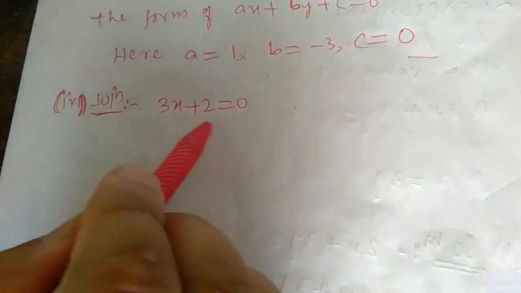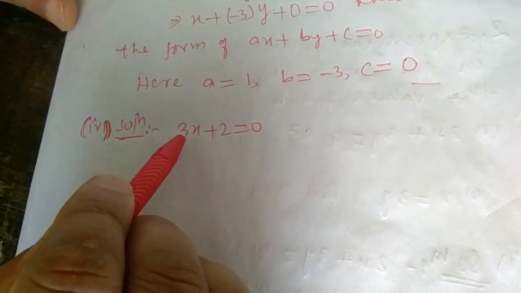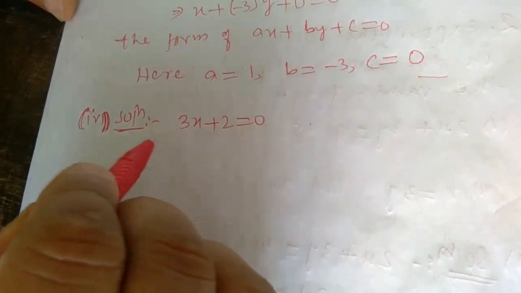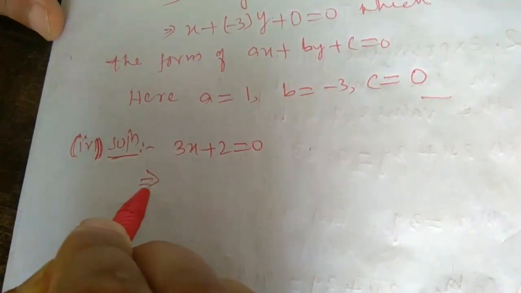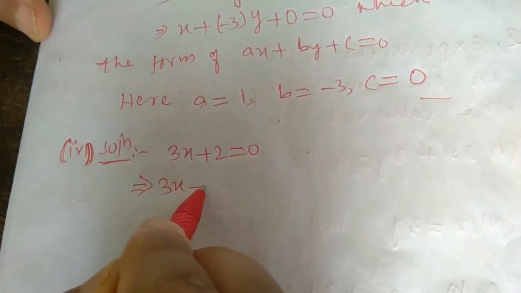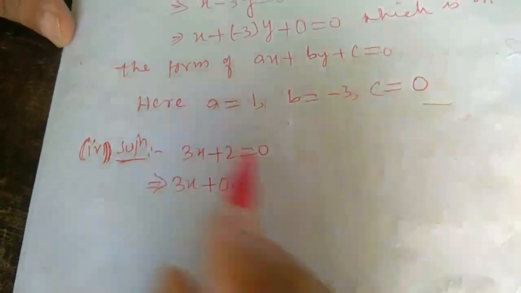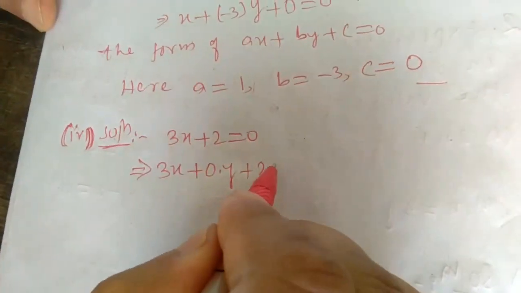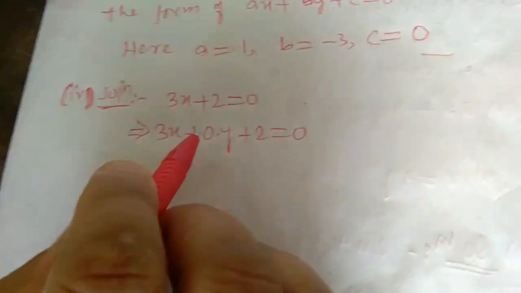First you see which term is missing here. x and the constant term are there. y is missing. So the term which is missing, you have to take as 0. So plus 0 into y. You can write it like this, 0 into y, 0 only. Then plus 2 equal to 0. Which term is missing, that one you have to take as 0.